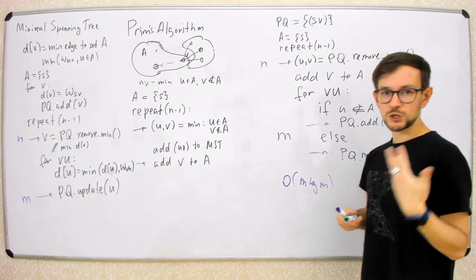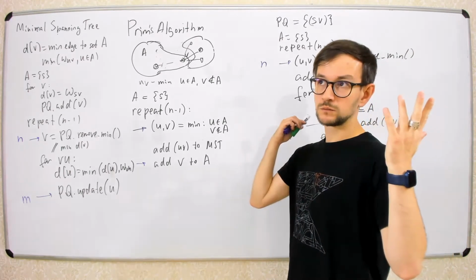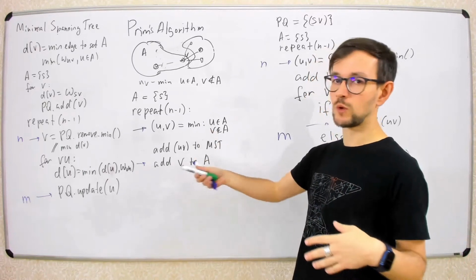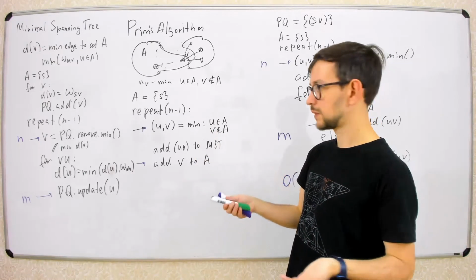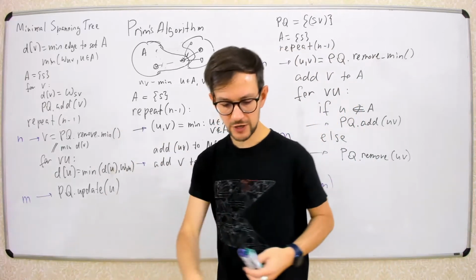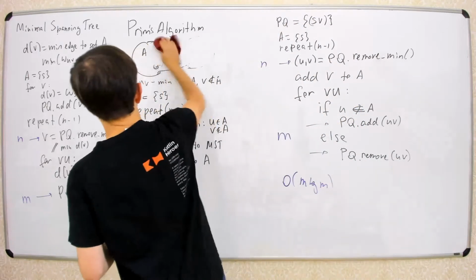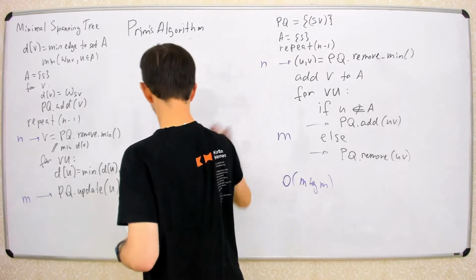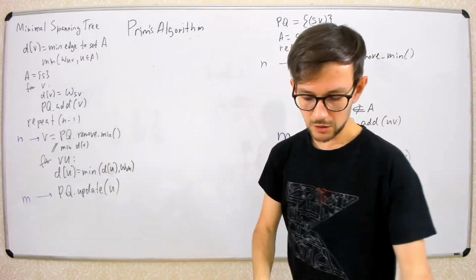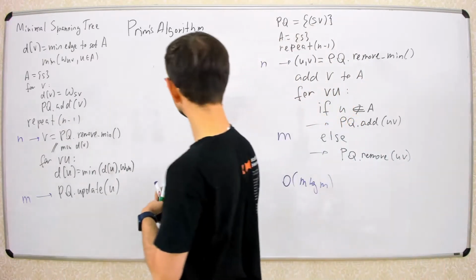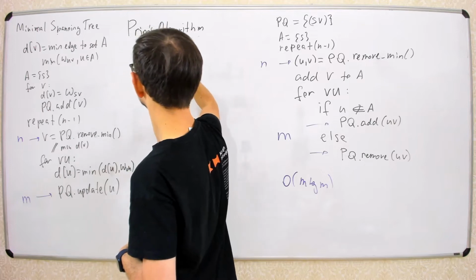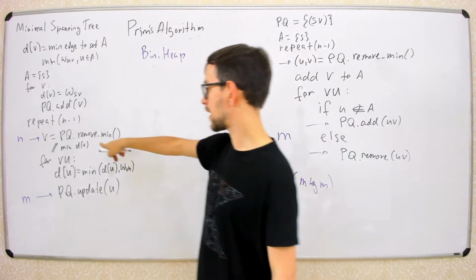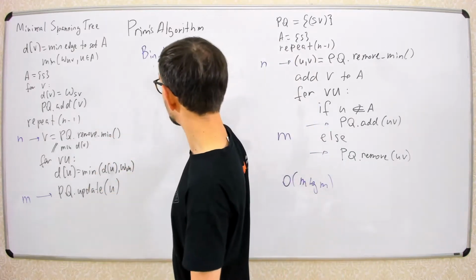Now again, if you just use a basic binary heap, then both operations will work in log n time. So you will have n log n here, m log n here, so total time complexity will be m log n.